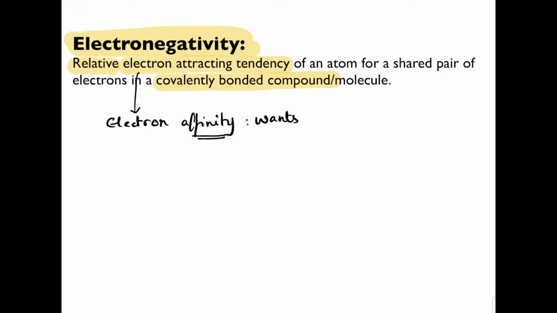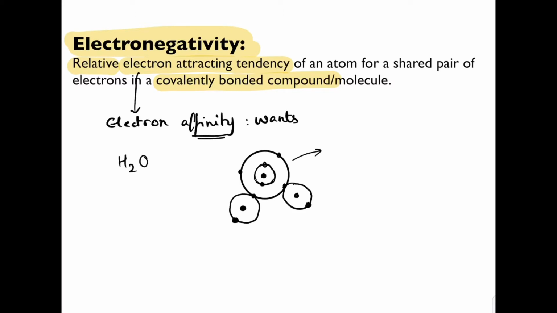In a covalently bonded compound like water, we have oxygen. It bonds with a hydrogen. Yeah, so this is hydrogen, and a stable compound is formed called H2O. In this, if you would notice, oxygen is more electronegative.